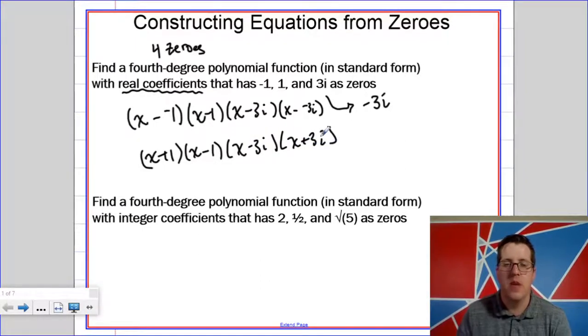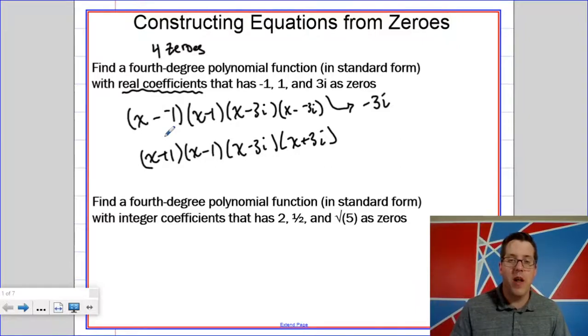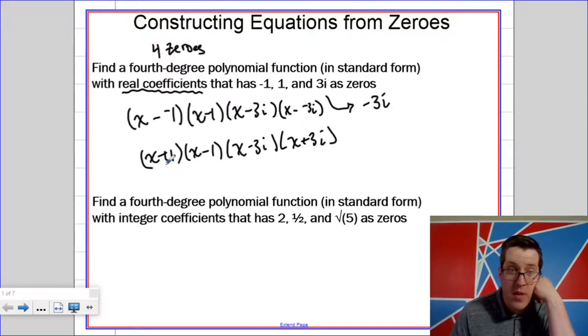That's fine. Okay, now we have what we think is an acceptable polynomial function, but it does tell us that we have to multiply out into standard form. So I'm going to do that for each of these.